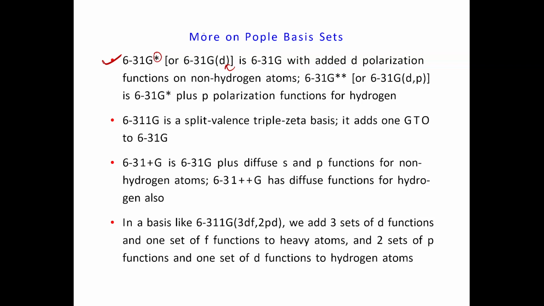The polarization is added only to the non-hydrogen atoms, and this is for 6-31G star. And this is 6-311G, the triple zeta basis set. And this plus is for the diffuse function. I'll show you some example.